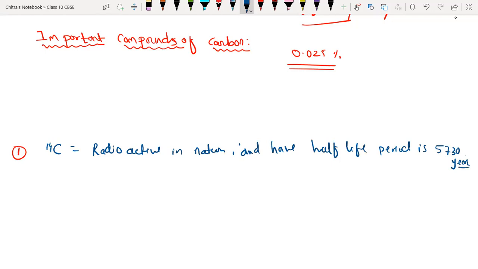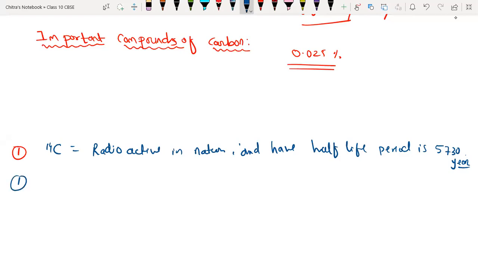Now you have to remember that. If it is radioactive, its half-life period is 5,730 years. That means if you take any amount, it will reduce to half in 5,730 years. We are discussing carbon-14 only, because it is radioactive in nature. Very important point.